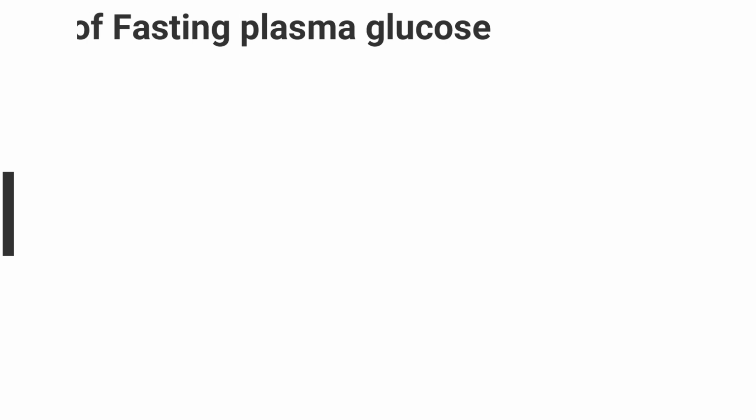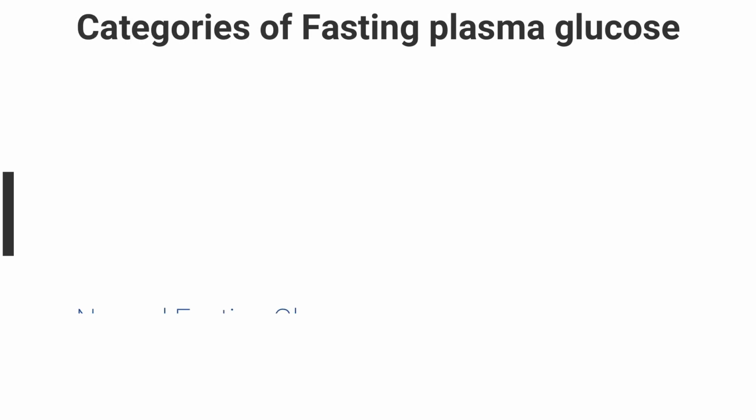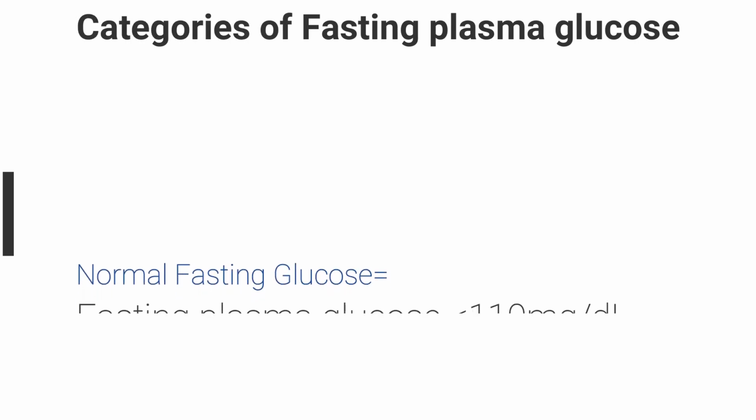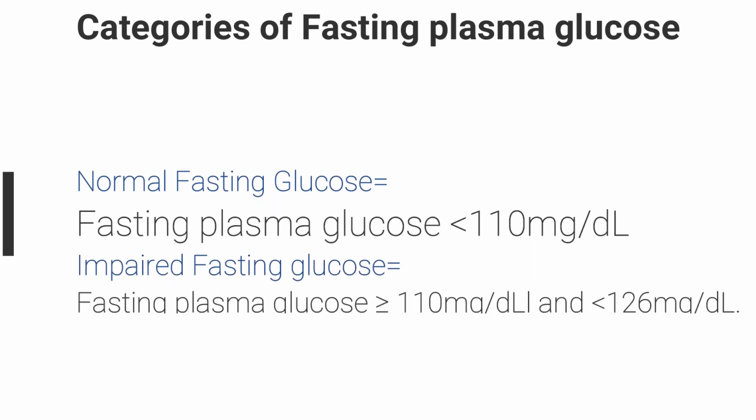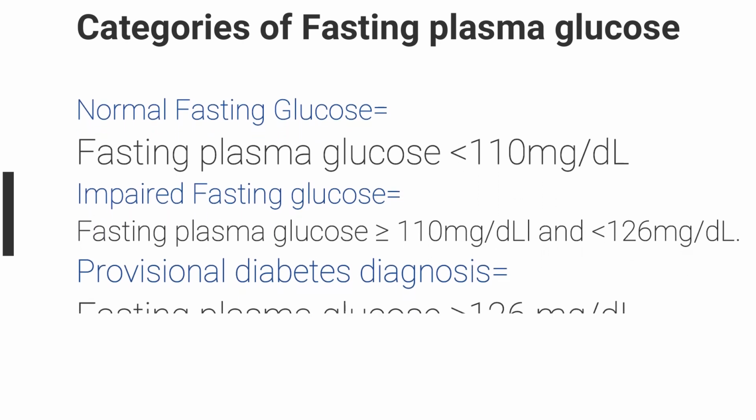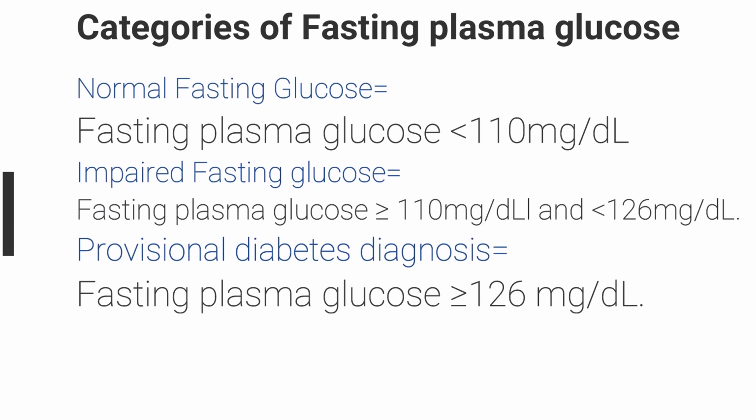Okay, next. There are categories of fasting plasma glucose. The normal fasting plasma glucose value is less than 110 mg per dL. Don't forget, less than 110 mg per dL.